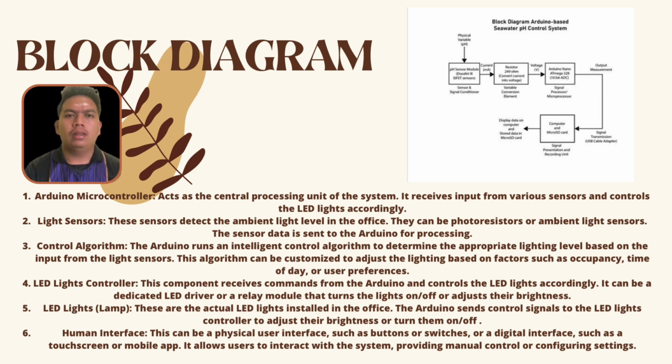This sensor detects the ambient light level in the office. It can be a photoresistor or an ambient light sensor. The sensor data is sent to the Arduino for processing.